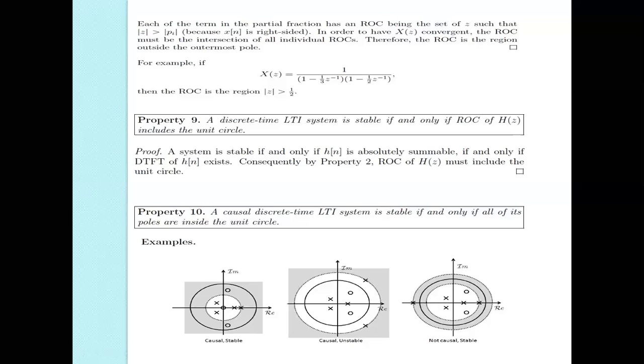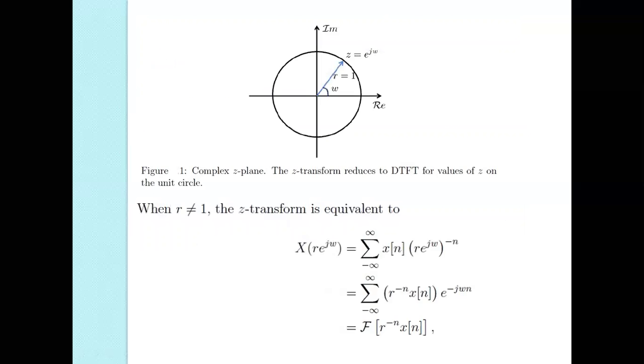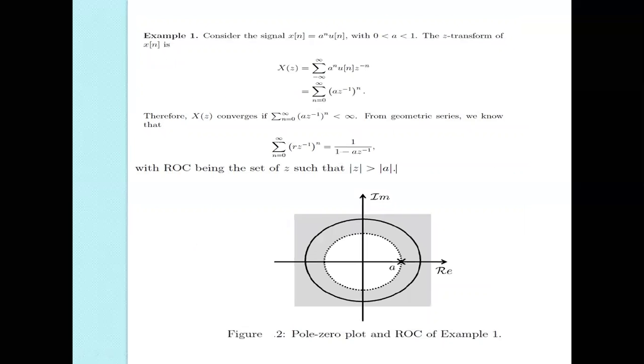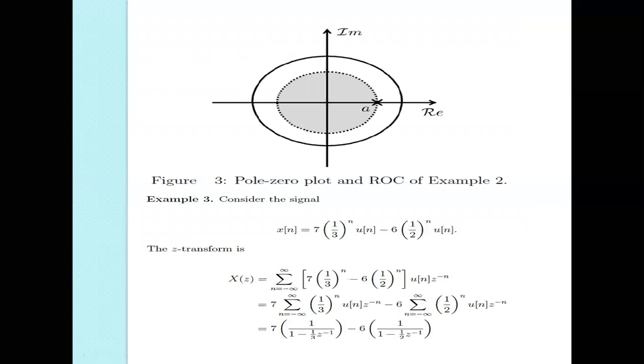So with this, we covered the introduction of Z transformation with some two examples, the definition of the Z transform, and the relation of the discrete time Fourier transformation with the Z transformation, and how we can plot the pole zero plot to find the ROC outside the circle. With this example, the ROC is inside the circle, the shaded area.